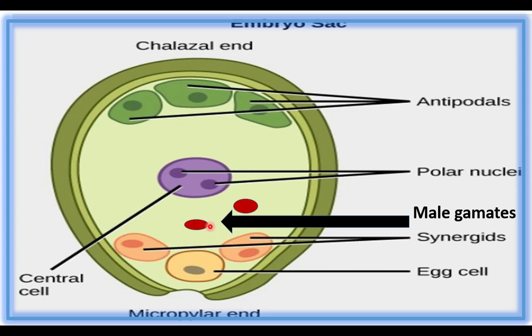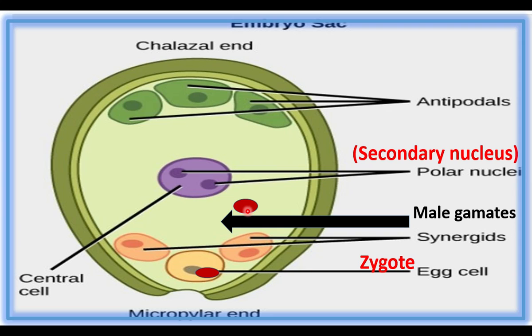One of the male gametes fertilizes the egg cell and forms a zygote. The 2 polar nuclei join and form a secondary nucleus. Secondary nucleus is diploid because it is formed by the fusion of two polar nuclei. It has two sets of chromosomes.